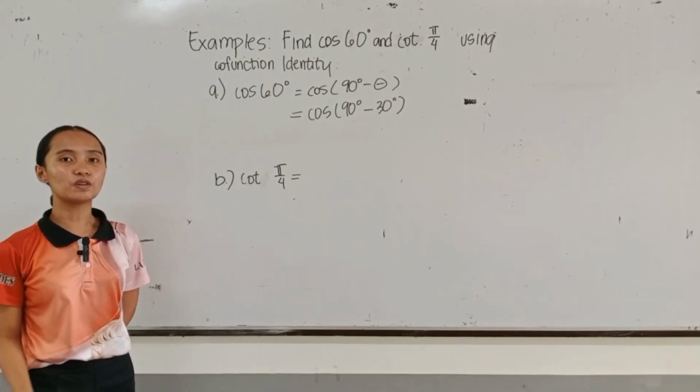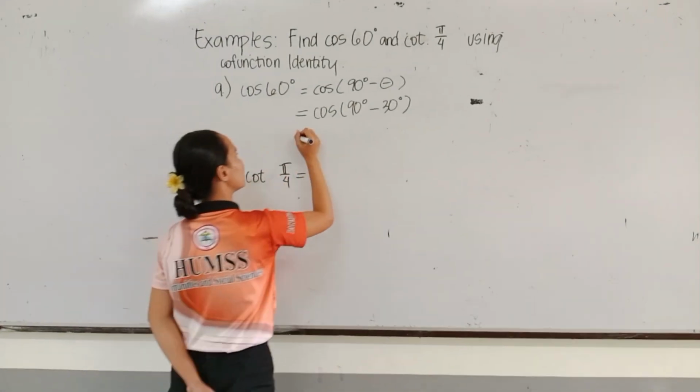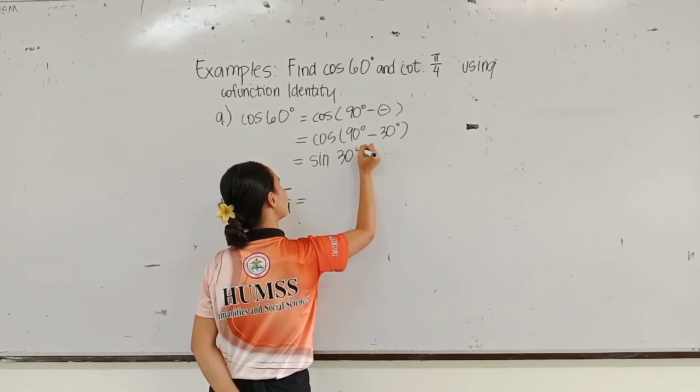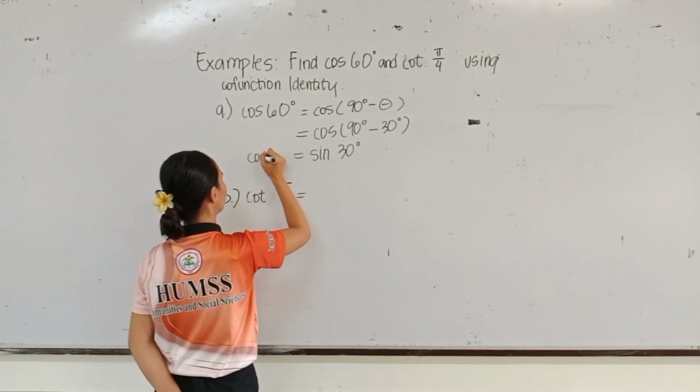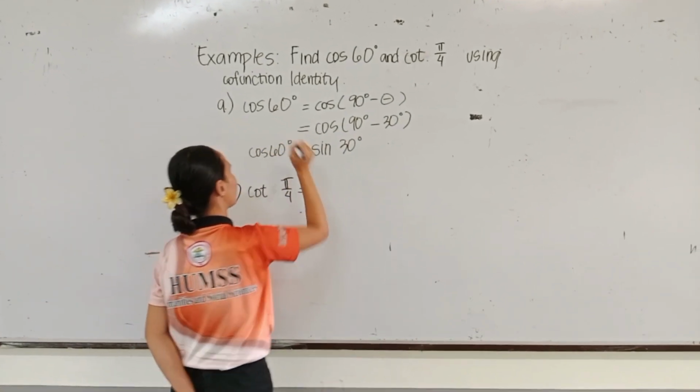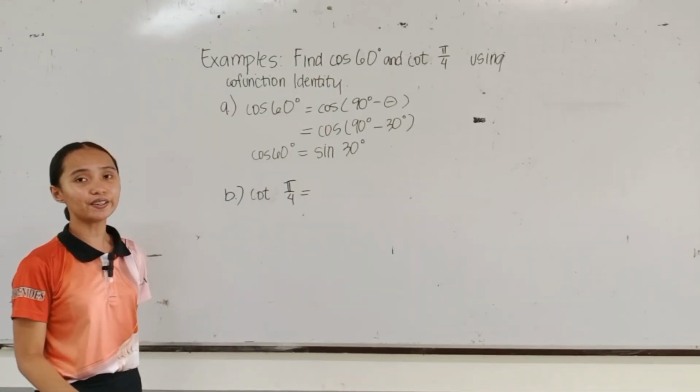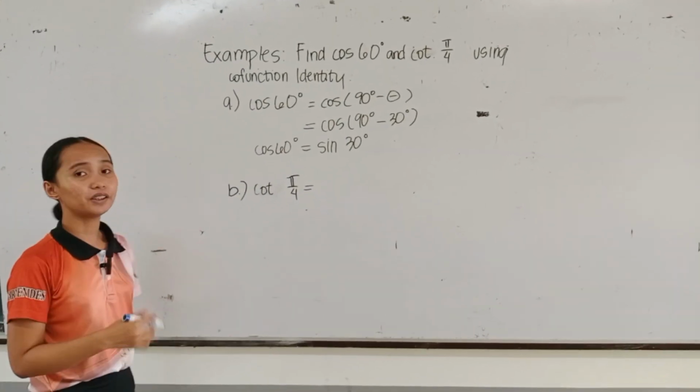Then use the co-function identity. Therefore, the co-function of cosine 60 degrees is sine 30 degrees.